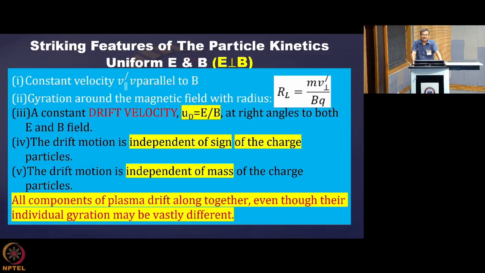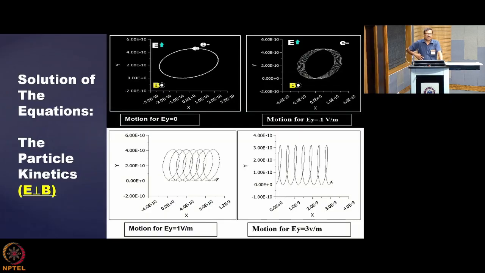So at this end, what we are getting is that when the electric field is perpendicular to the magnetic field, the particles move in a direction perpendicular to both E and B fields. Here we have got the solution of the equations. I have just solved those equations and we have got this.